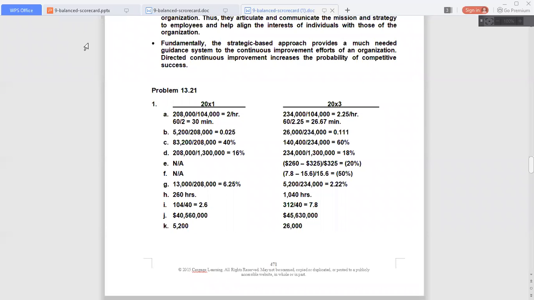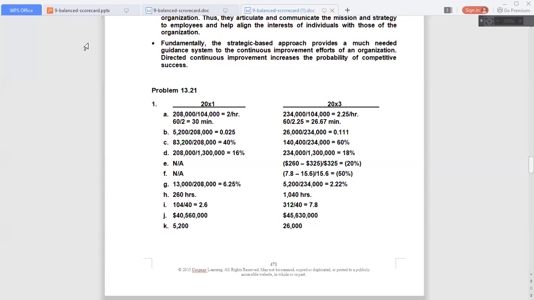Now letters E and F are not applicable to our 20x1 computations, but in 20x3 we now have the rate of change: 260, the actual cost per unit, minus 325, the actual cost per unit last year. So we now get 260 minus 325 divided by 325. So you now get the rate of 20%.